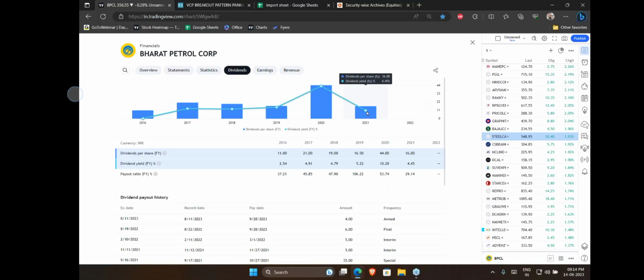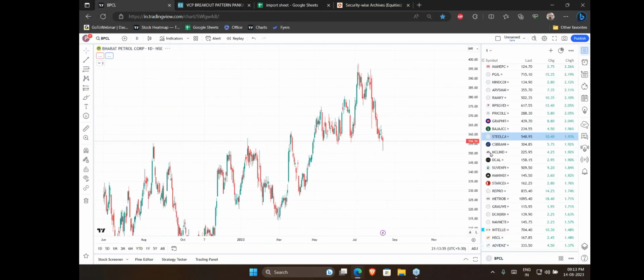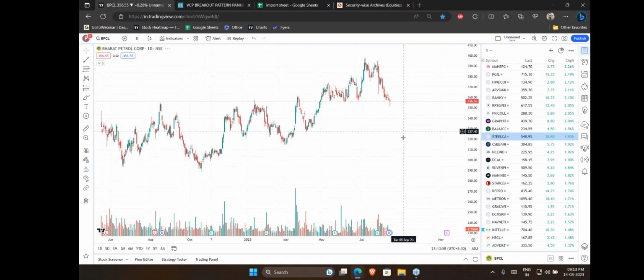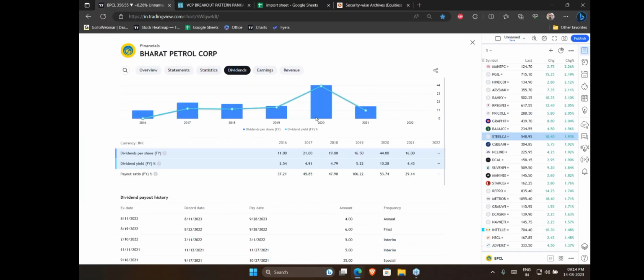And 4.45%. See, my favorite dividend company is BPCL. BPCL has a dividend yield of 10.28% in the entire year 2020 and 4.45% in the entire year 2021.